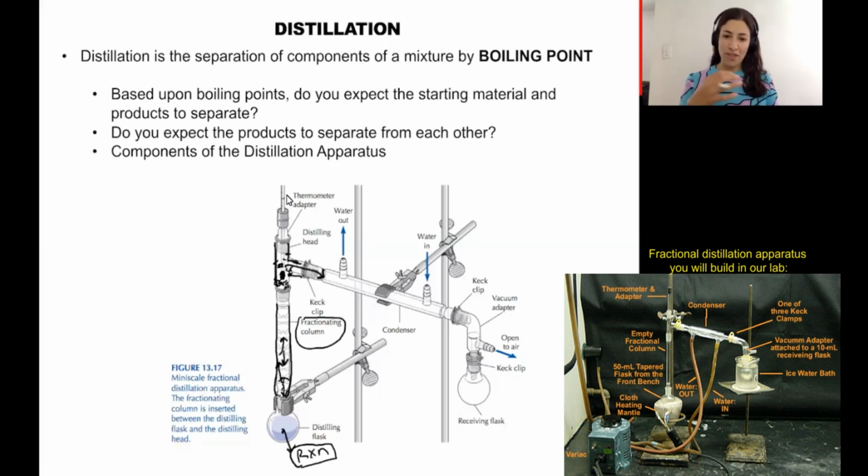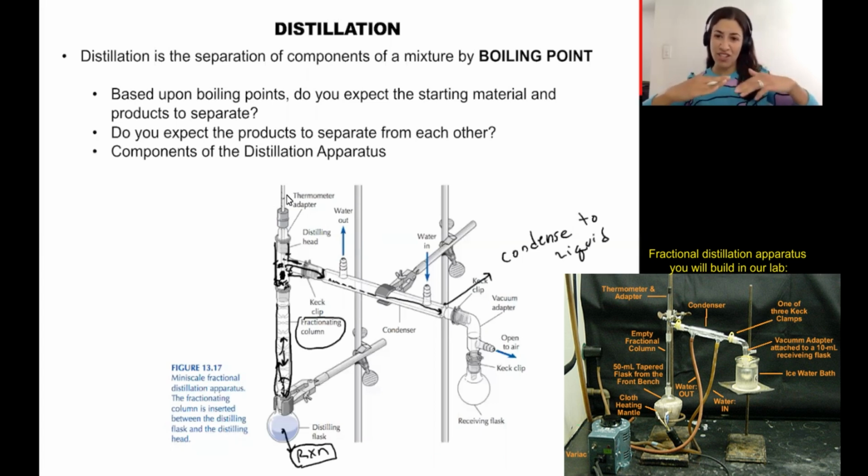So once we have separated the molecules in the gas phase, we use a water-cooled condenser to condense that vapor back to the liquid form for collection. And this is the same condenser we've been using in our reflux apparatus. It's just positioned on a diagonal instead of the vertical as we're used to.